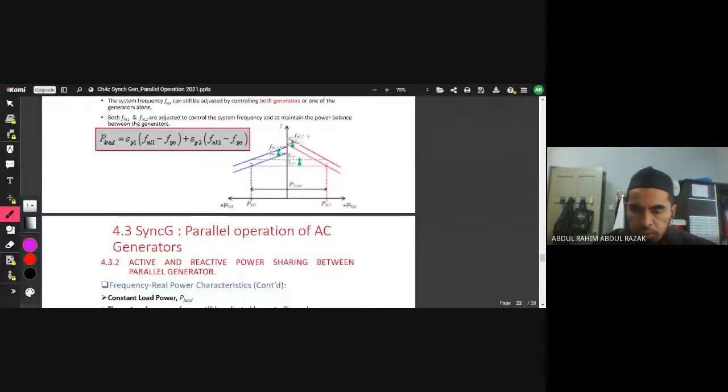Let's say we need equal control, so we raise both sides. But if we want to set, maybe this one to 70% and this one to 30%, we just adjust one side. The other side we fix, and the one side we raise or reduce. So we are able to control their portion of power sharing.